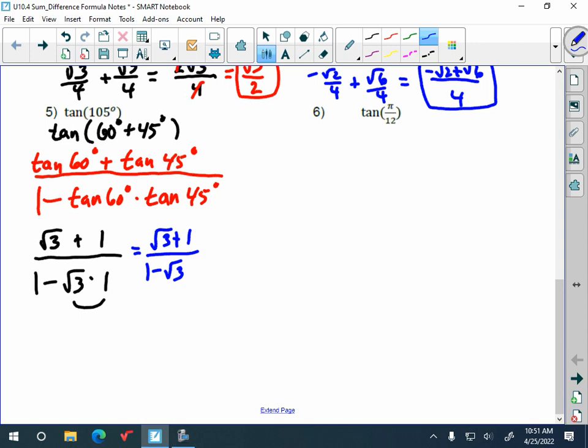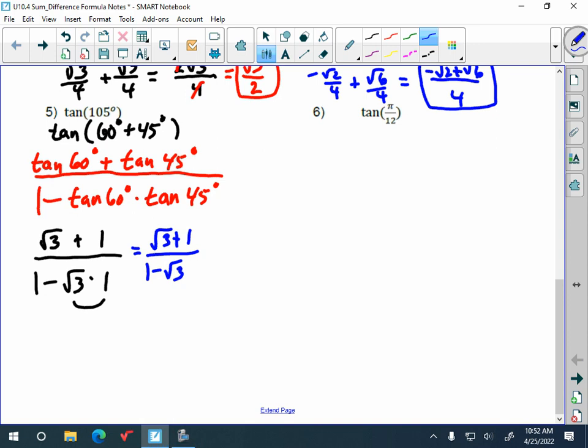All right, you can't cancel anything out, so please don't cancel radical 3s out or 1s or anything like that. Now, we do want to simplify this. We don't want to leave a radical in the denominator. So this is how you're going to get rid of the radical. We're going to use a concept from last semester when we were in complex numbers, the imaginary numbers.